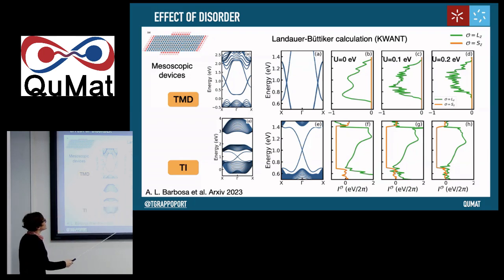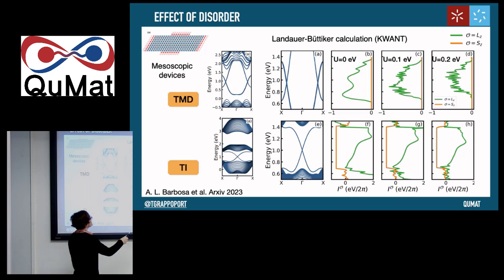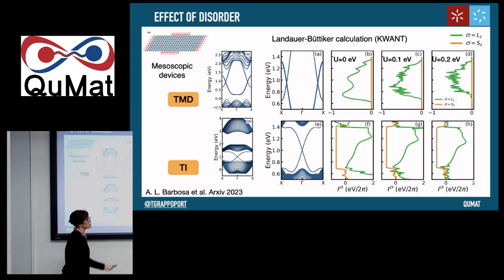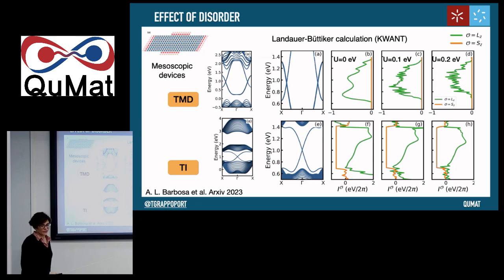And funny enough, even in a TI, although the spin Hall conductivity is protected, the orbital Hall conductivity is not protected. It's more robust than the TMD one, but there is a decrease of the orbital Hall conductivity when you increase disorder, and there is no change in the spin Hall conductivity. So it's not topological in the same way as the spin Hall conductivity, as we should expect.